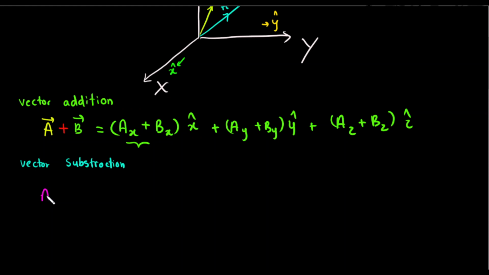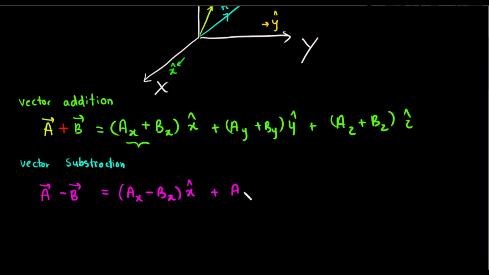Okay, now I'm going to subtract two vectors. We have the a and b vectors, and we are going to subtract the b vector from the a vector. So we will have ax minus bx, the component along the x hat direction.